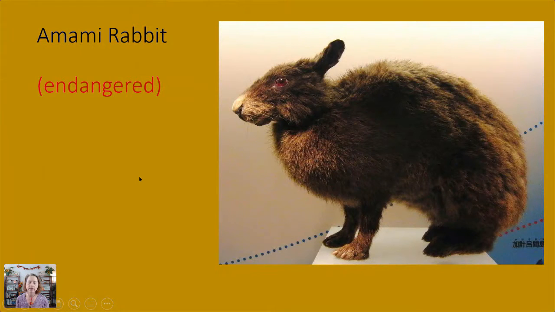Okay, now there's just the opposite of common rabbits. There are some rabbits that are very rare and endangered. There's this one called the Amami rabbit, from the Amami Islands, which are where are they? Kind of near Japan. It's also called the Ryukyu rabbit because there's another series of islands called the Ryukyus.